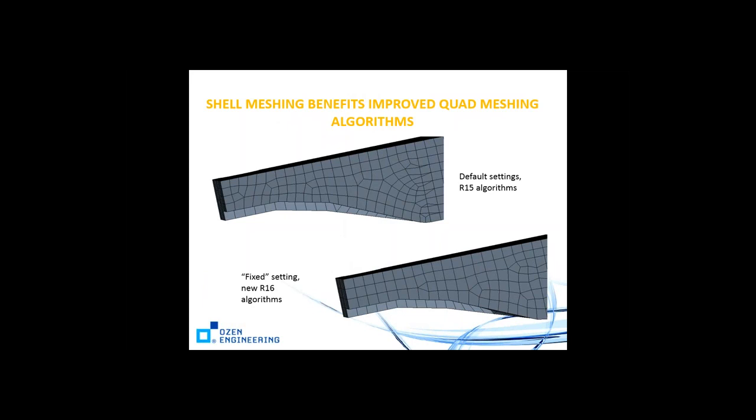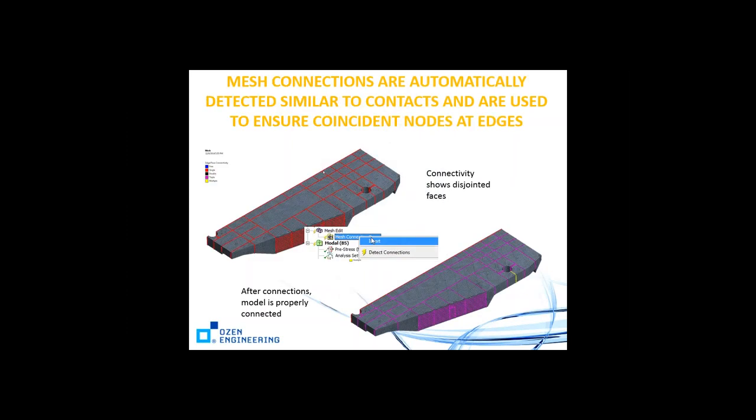Shell meshing again: the default settings in version 15 versus version 16. You can see that version 16 is giving you a much better looking mesh by default.